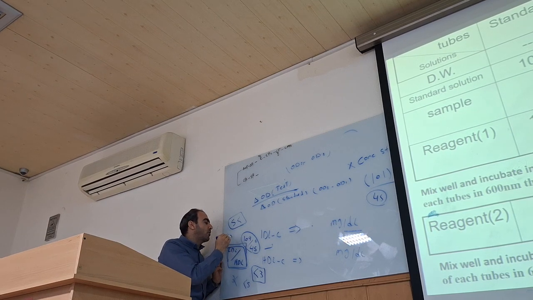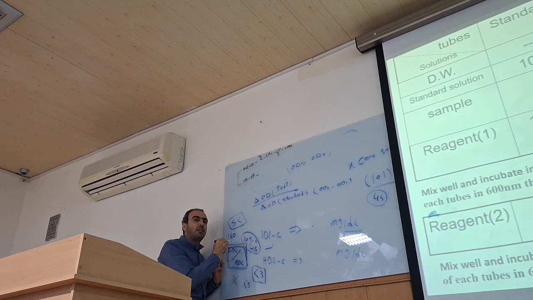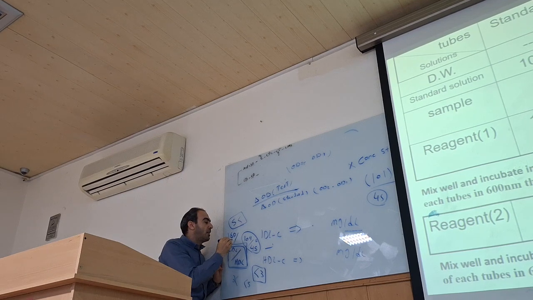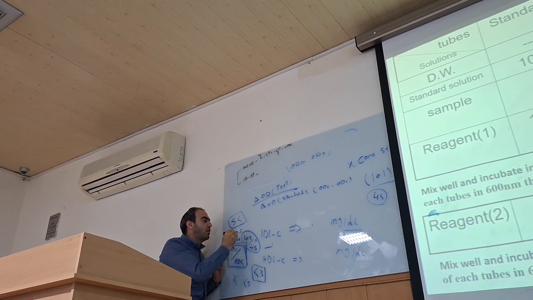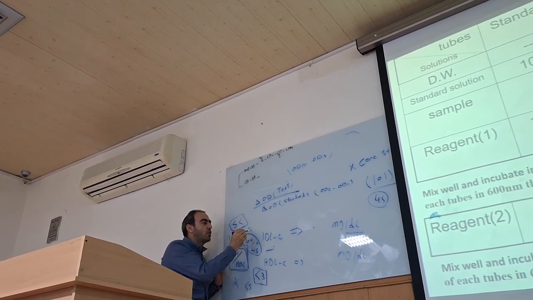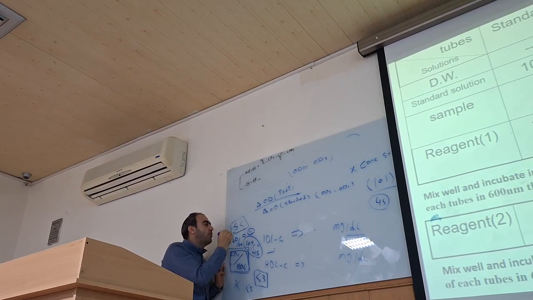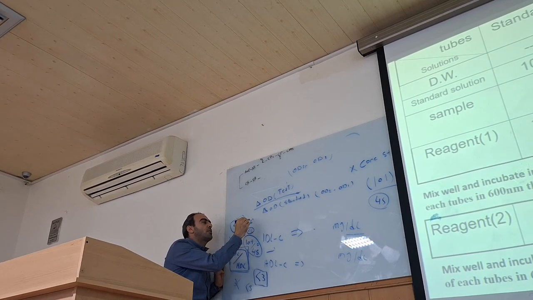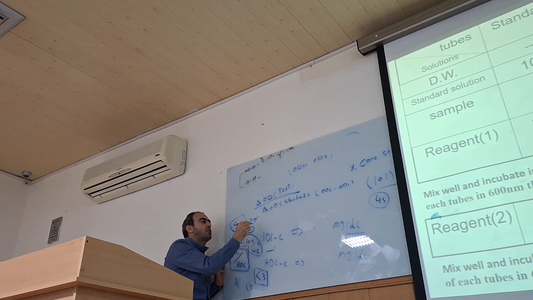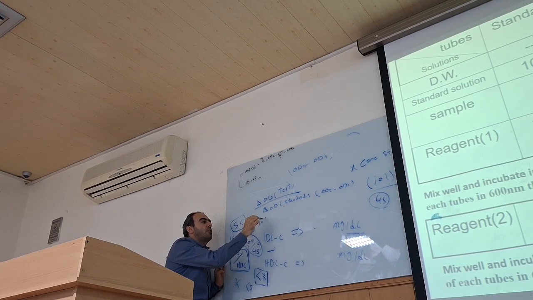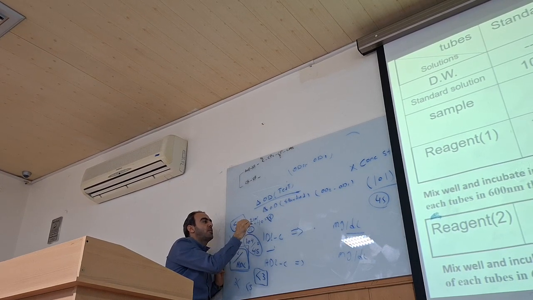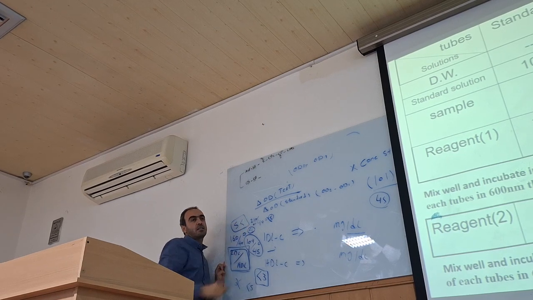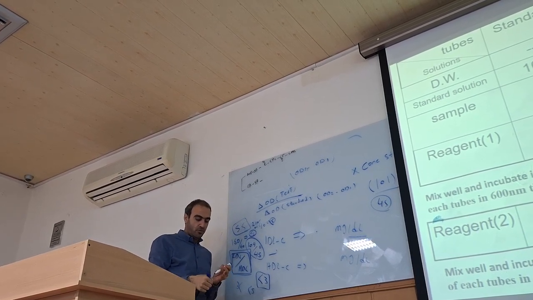But if your LDL concentration is 160 and the HDL is 40, it is 4, so it's borderline. If it's more than 200, for example 210, and it's 40 again, it's more than 5. It means it's at risk. It has a high risk for atherosclerosis.